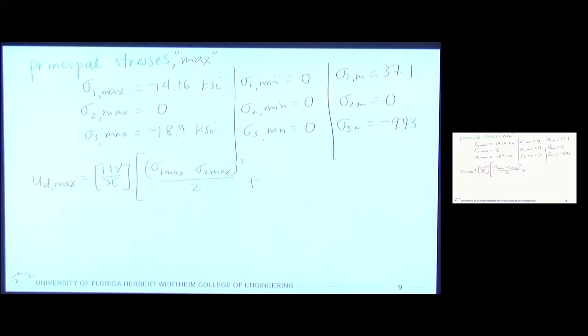So plus, I'm just going to write it out once, sigma 2 max minus sigma 3 max squared, divide the whole thing by 2, and then our last one, sigma 3 max minus sigma 1 max squared, divide by 2, close the bracket. Okay.